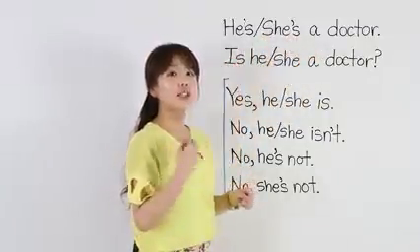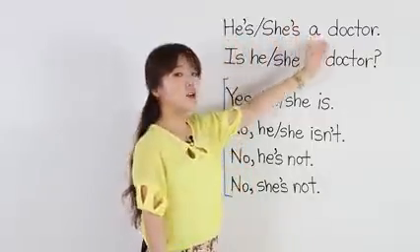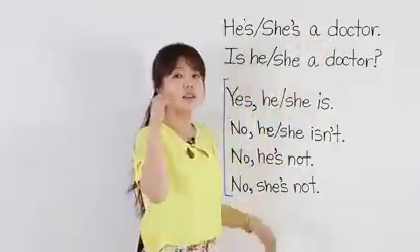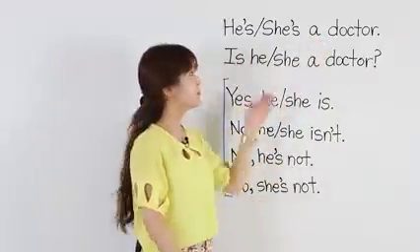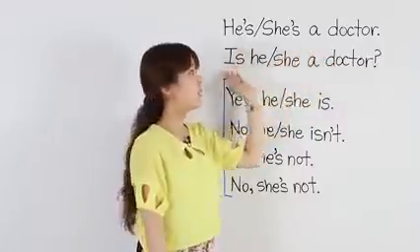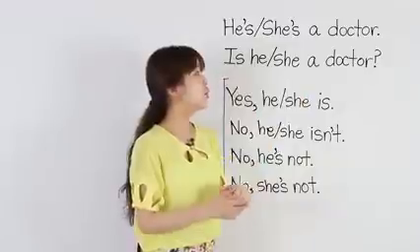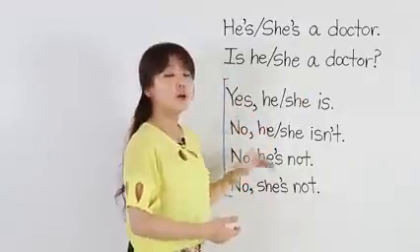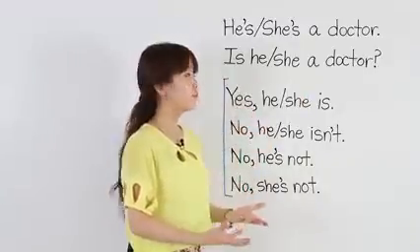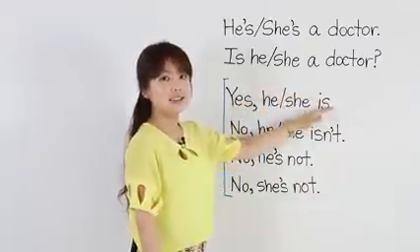Now I want you to listen to the intonation again. He's a doctor. The intonation is going down. Is he a doctor? In the question, again, the intonation goes up. Now when you answer, there are several possible answers you can give. Yes, he is.